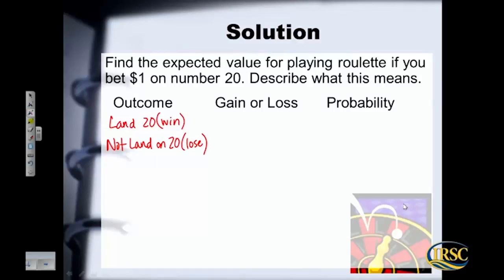You get your dollar, that's what you started with. When you get your dollar back, you break even. So you gain $35, and we're going to list that as a positive number because it's a gain. Now what happens if it doesn't land on 20? You lose $1. Since this is a loss, we're going to note that as a negative number. So negative $1.